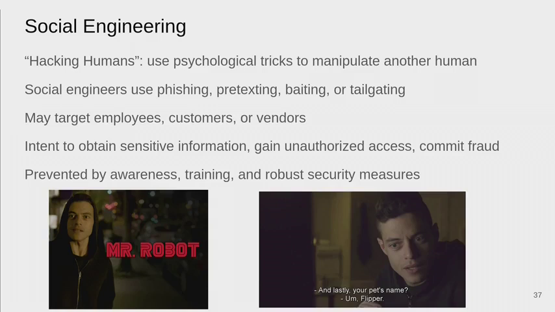If you've seen Mr. Robot, he's using this quite a bit as well to get information from other people, especially when he's talking to them, like using phishing, baiting, tailgating, or different kinds of approaches to gain people's trust, and then extract information from them that you otherwise should not have. Prevented by awareness, training, robust security measures and whatnot.